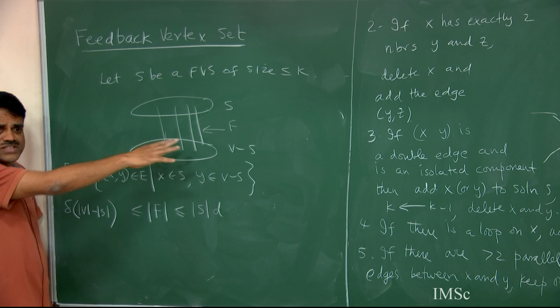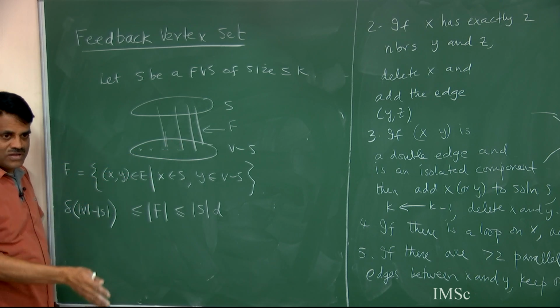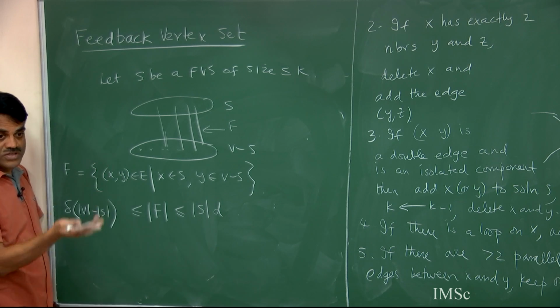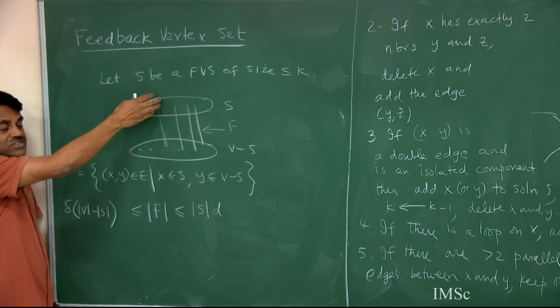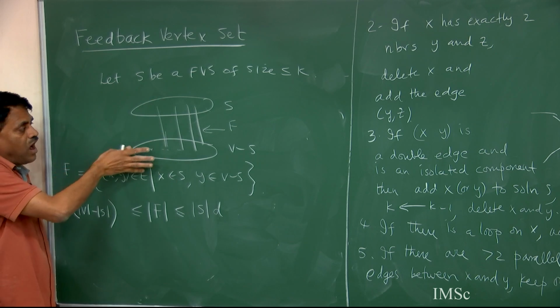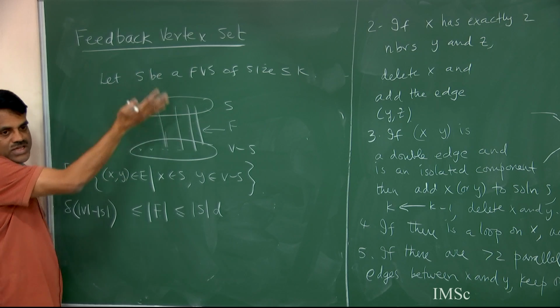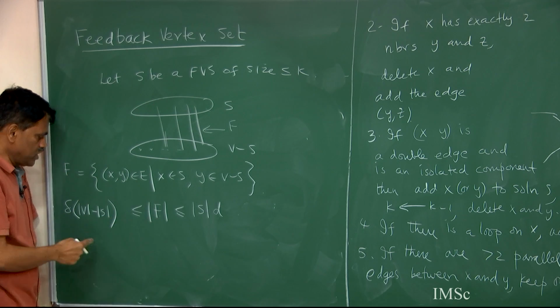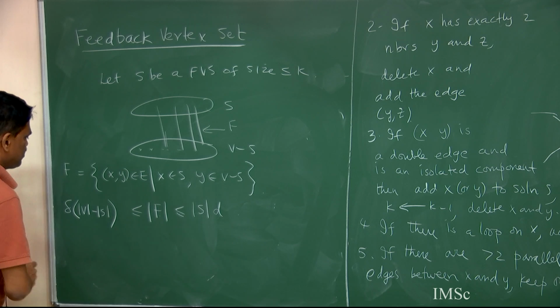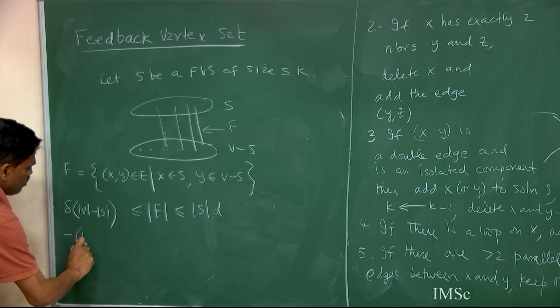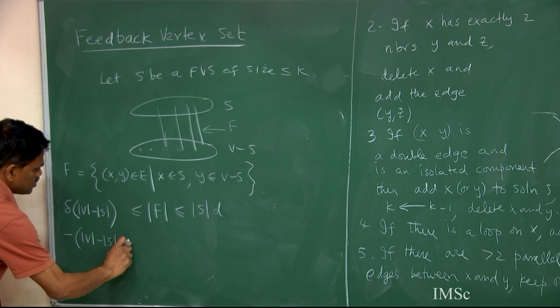Can a lot of edges be inside? At most |V minus S| minus 1, because this is a forest. Since S is a feedback vertex set, at most |V minus S| minus 1 edges can be inside, so everything else has to be outside. So this bound is at least delta times |V minus S| minus (|V minus S| minus 1).